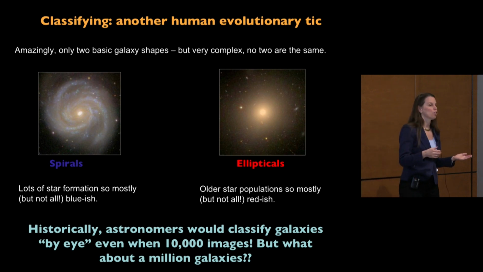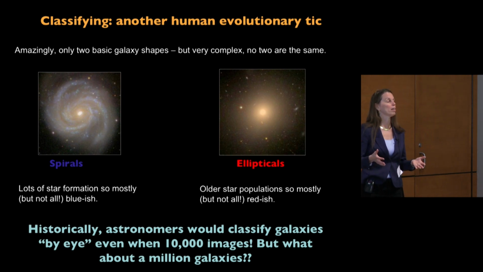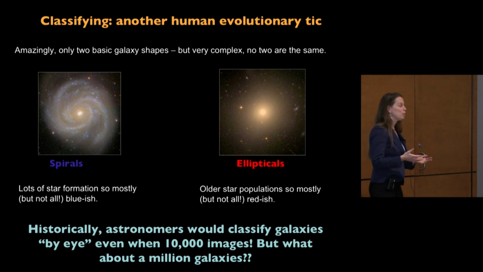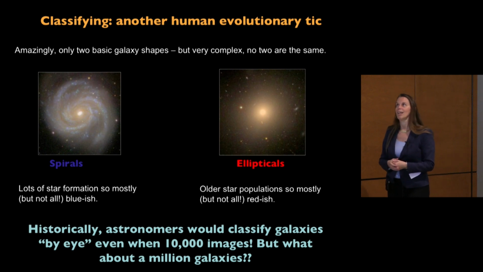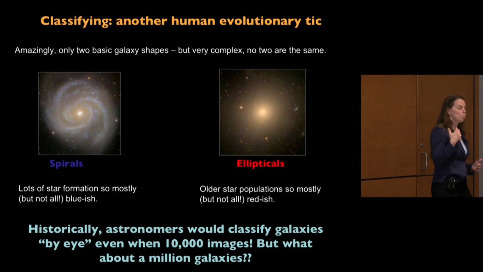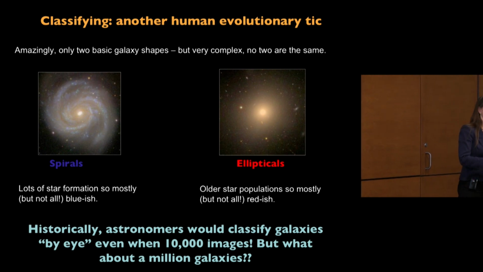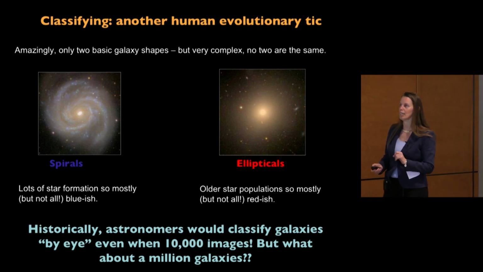Spirals tend to be blue because it turns out that there's a lot of star formation going on in them. Ellipticals tend to be red because, as it turns out, the star formation has ceased in most ellipticals. This will become important in a few slides. So just remember, blue for spirals, red for ellipticals.